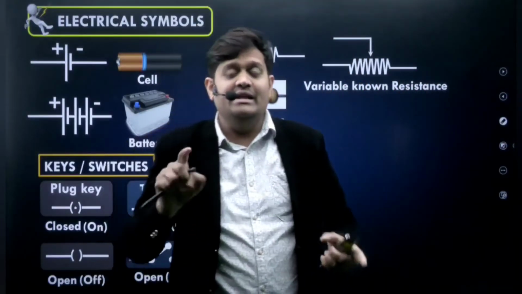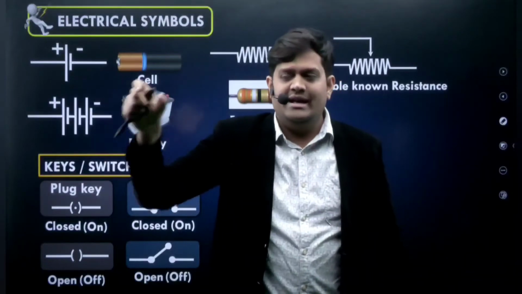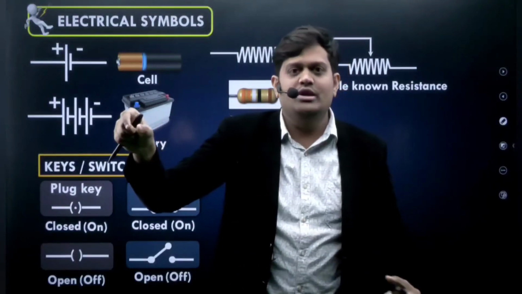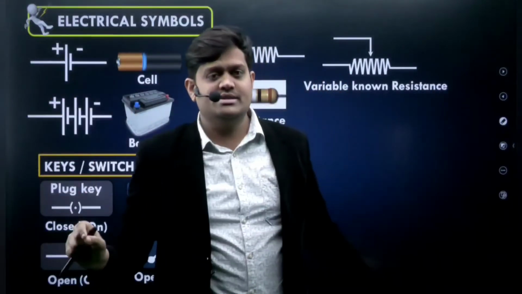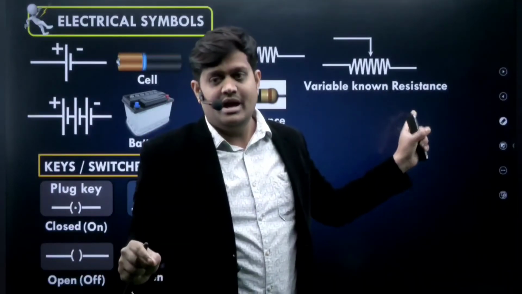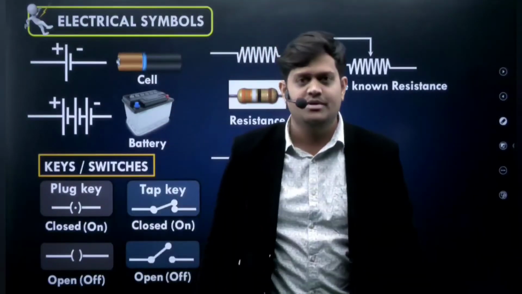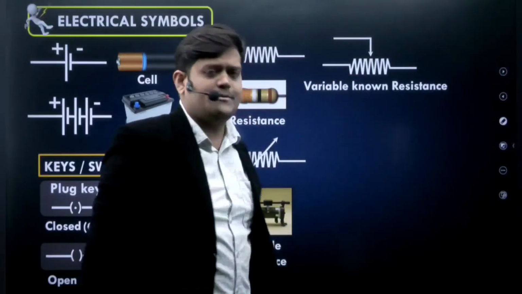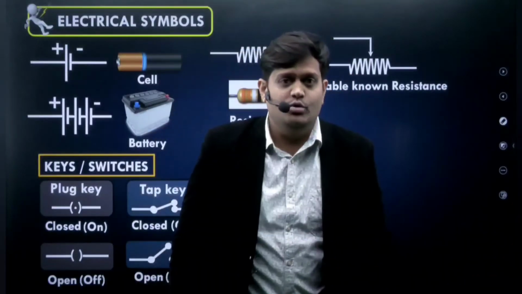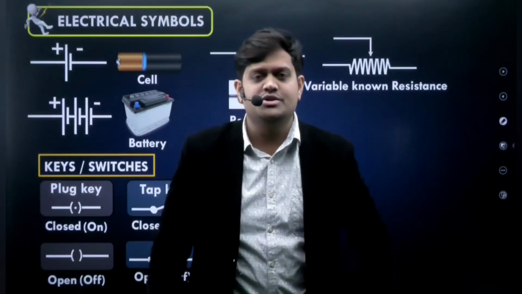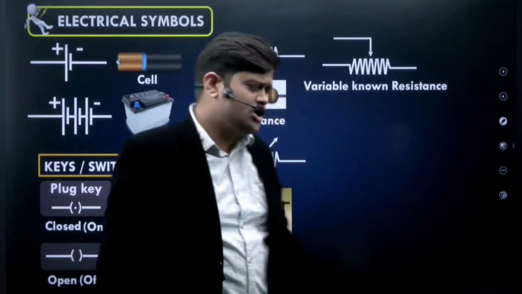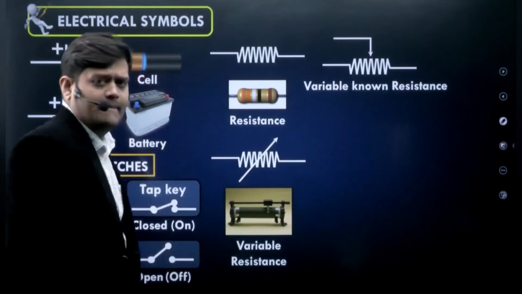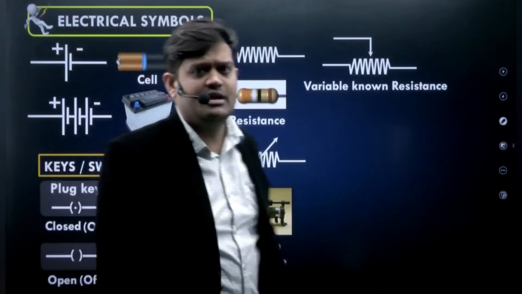And in the second case, we want the calculation with a 40 ohm resistance. Then we set it again, and we do the calculation. So my dear, the variable known resistance is very helpful for calculations. Okay, so there are three resistances which are used in electrical circuits.